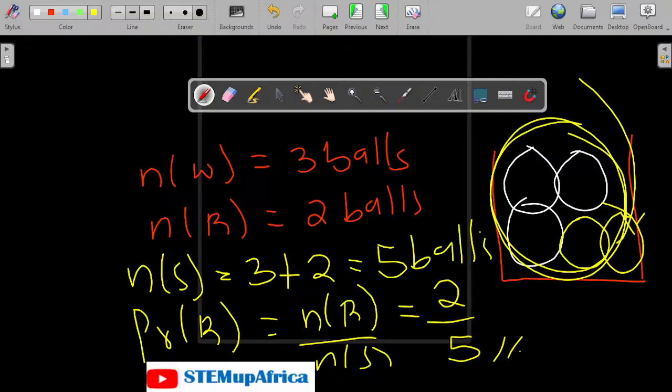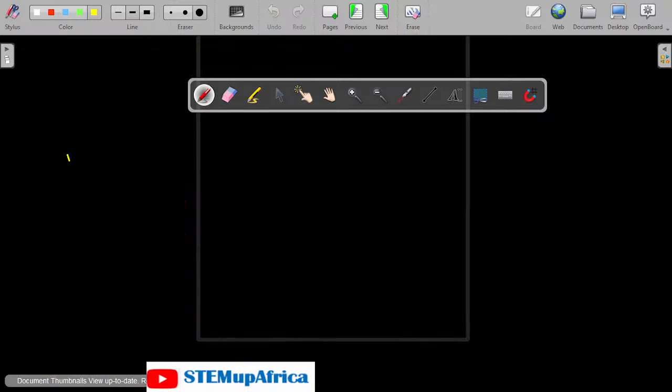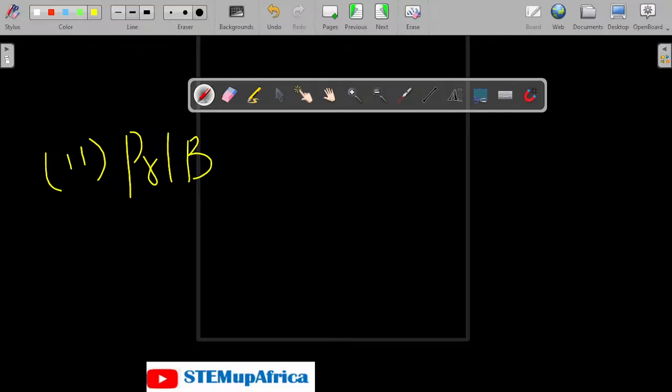So the probability of the second black ball, P(B2), will now be 2 divided by 4. Because by taking the black ball, the number of balls in the bag is reduced. I didn't put it back. So the number of balls now is not 5 but 4. So 2 here 1, 2 here 2. Our answer is now 1 over 2.